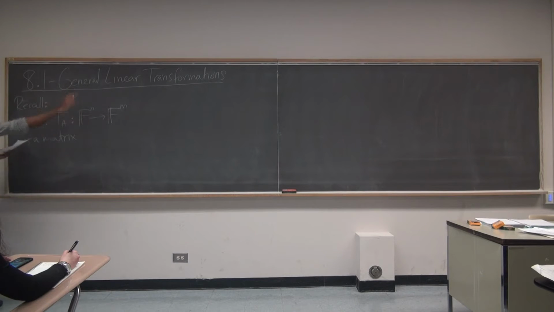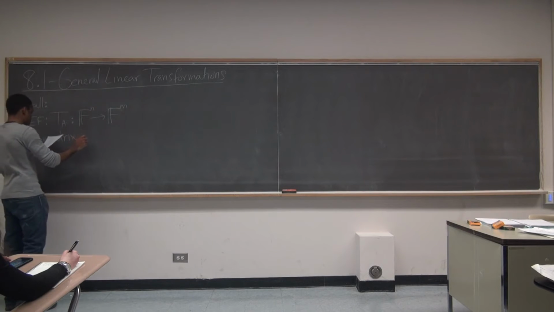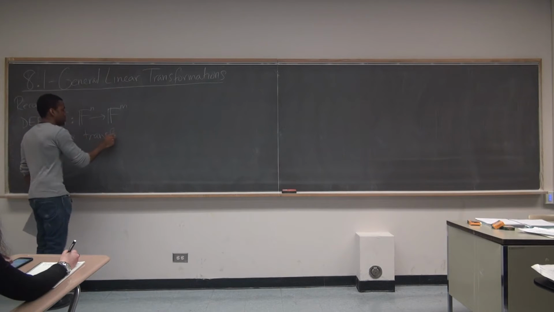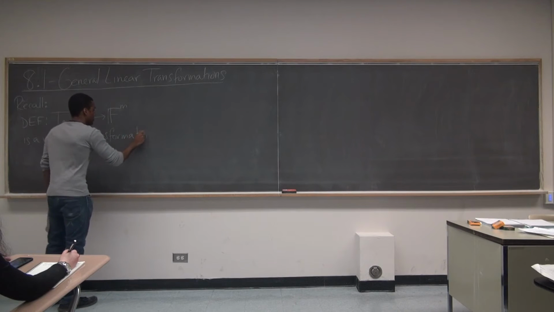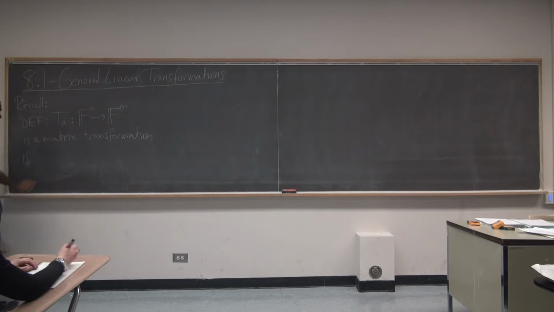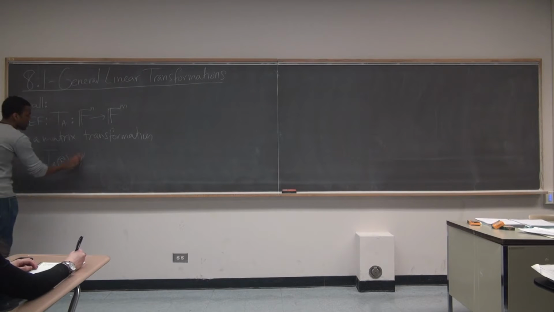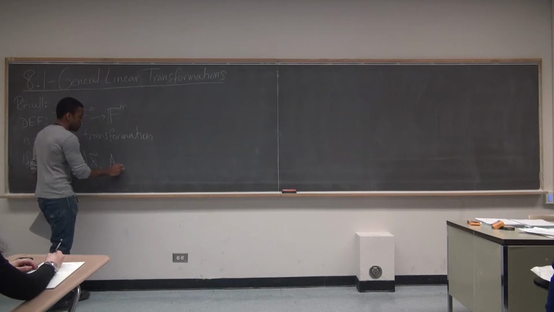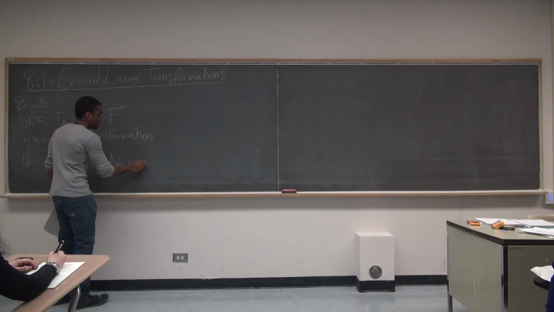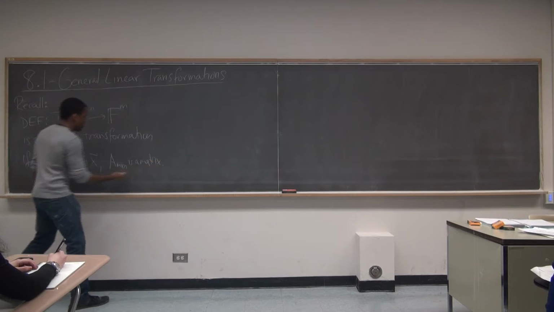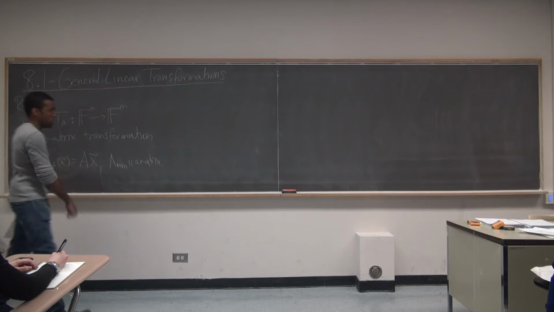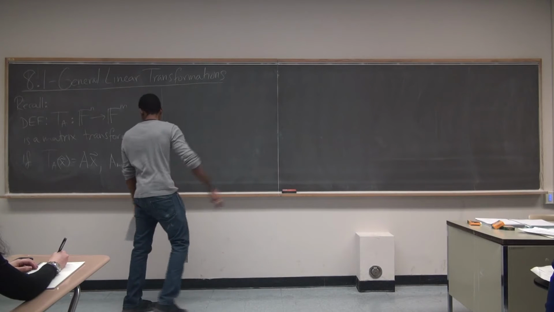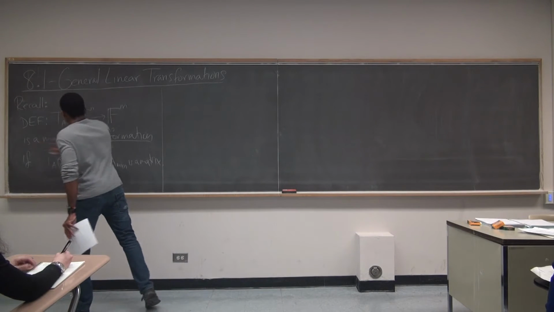Okay, so this is a matrix transformation. Basically, you can define your function to be multiplication by a matrix A, where A is an n by n matrix. Once you define a transformation in this way, using a matrix and multiplying by some vector in a vector space, you get what we call a matrix transformation.